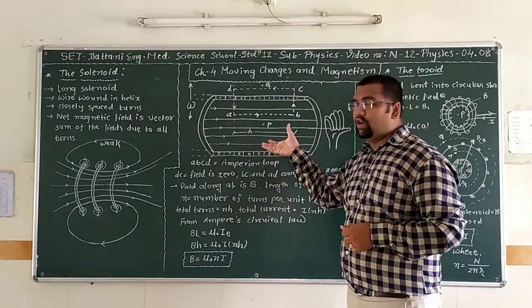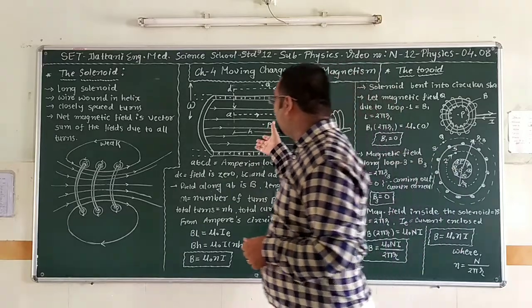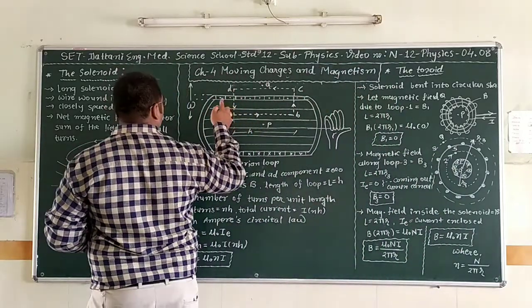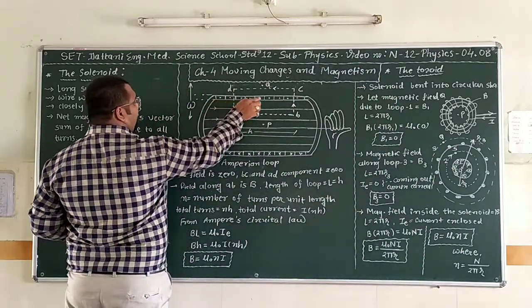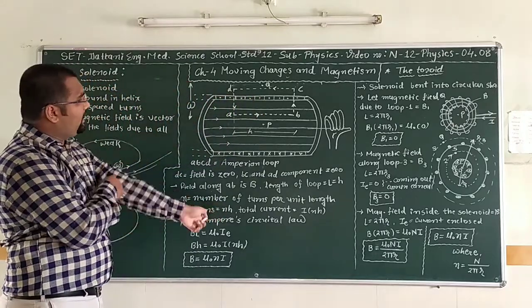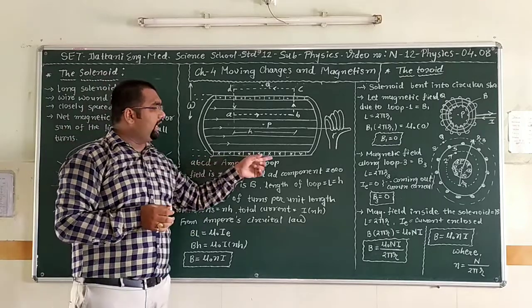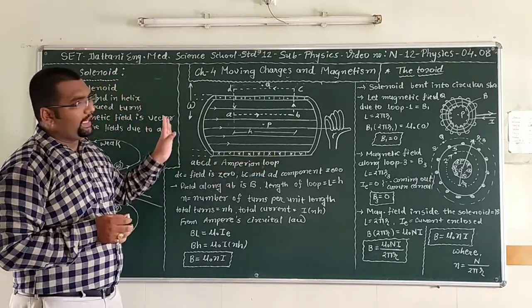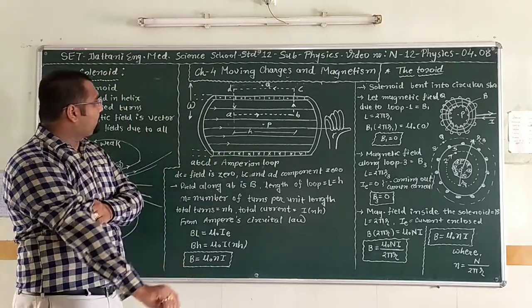We can see the cross section of the solenoid over here. The dots suggest that the wire is coming out of the plane, and the crosses suggest that the wire is going into the plane.